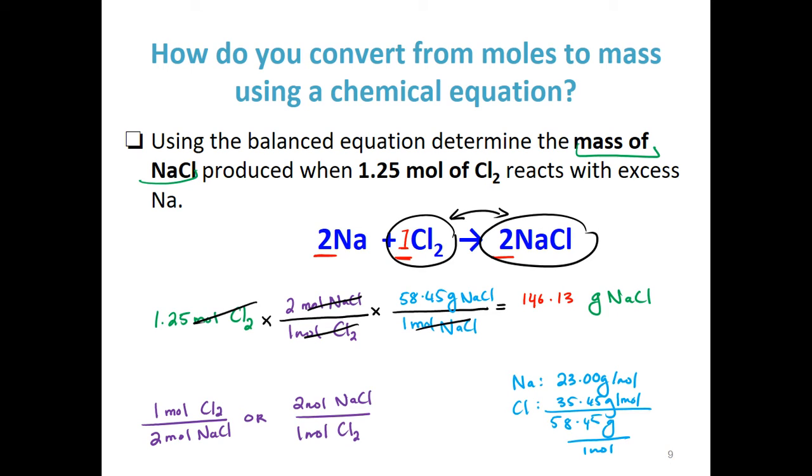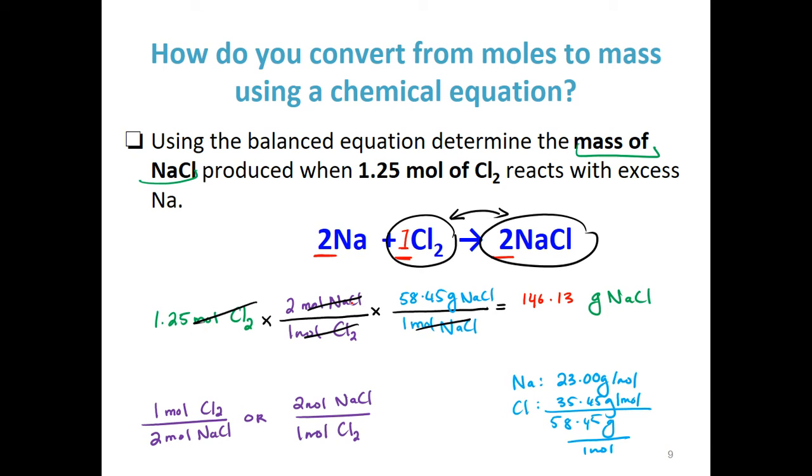Okay, so we were given moles of chlorine and we went to grams of sodium chloride. We went from moles of one substance to the actual mass of a second substance. The first thing that we did was use the bridge, which is moles to moles, okay?